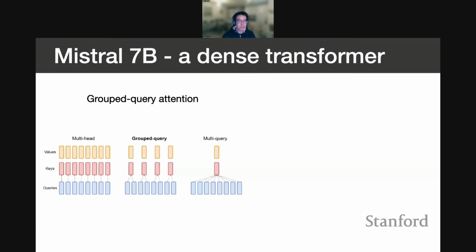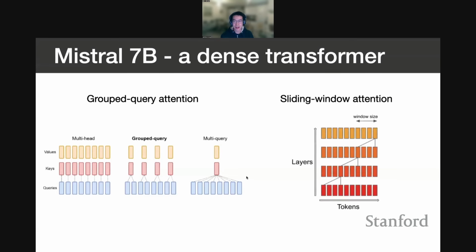Group query attention is sort of in between, and you have a lot of queries, much fewer keys and values. Also, there's another difference in the attention we're using for Mistral 7B. That is, we're using sliding window attention. The idea being for some of the lower layers of the transformer, for each token position, the tokens attend to a relatively short span of previous tokens.